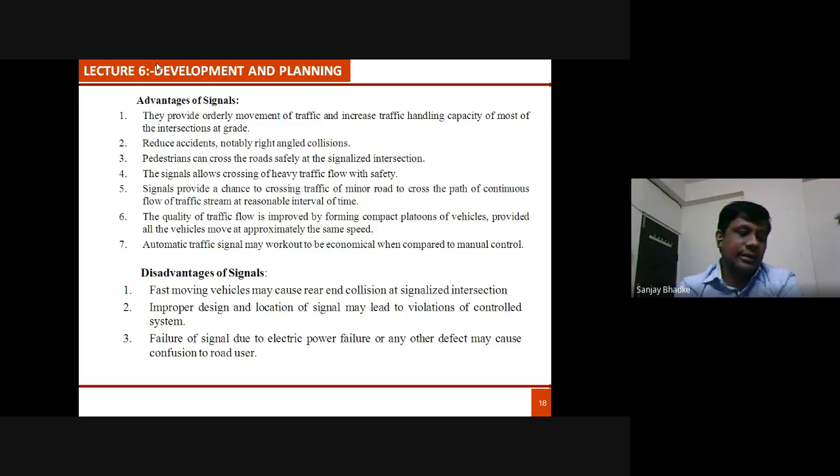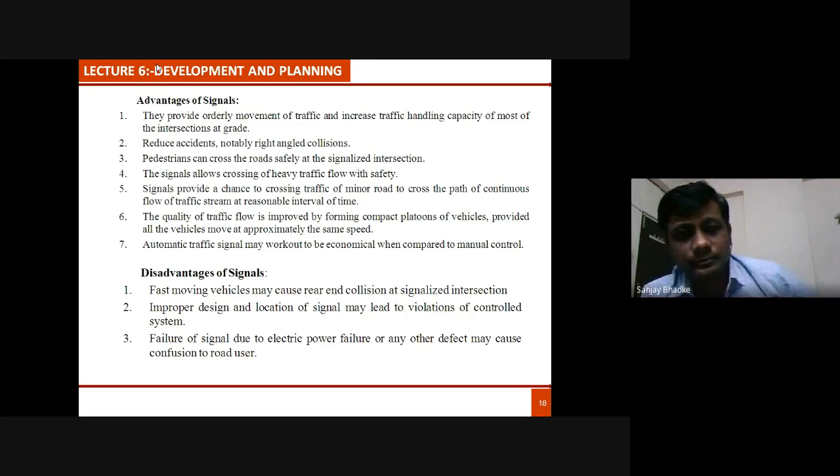Now, what are the various advantages of signals? Why do we provide the signal? We know that it plays a very important role in reducing accidents, and it provides regularity for road traffic.